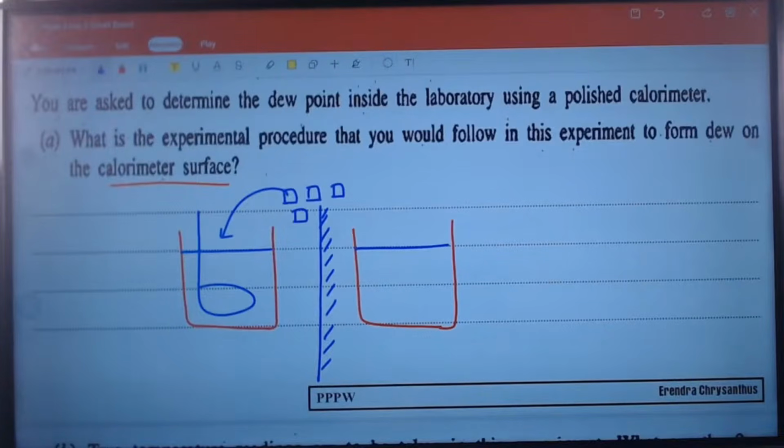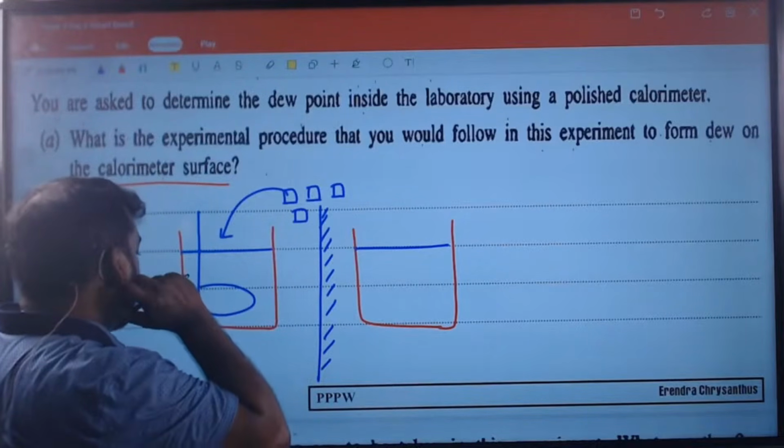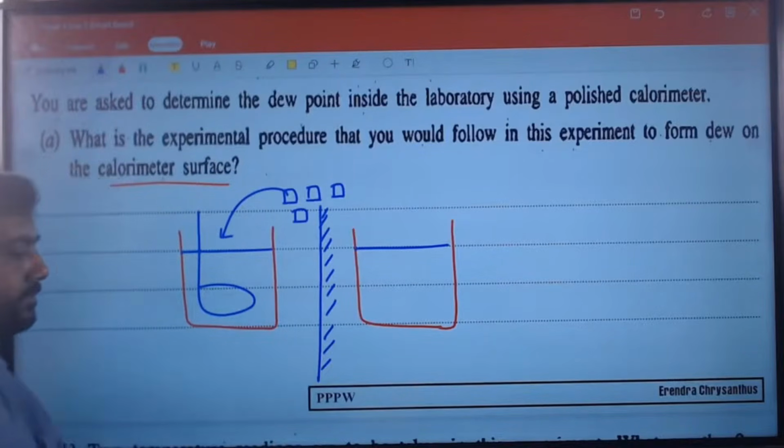So that's the experimental procedure. We take two identical polished calorimeters, fill water up to the same level, and we insert one ice cube at a time to one calorimeter.